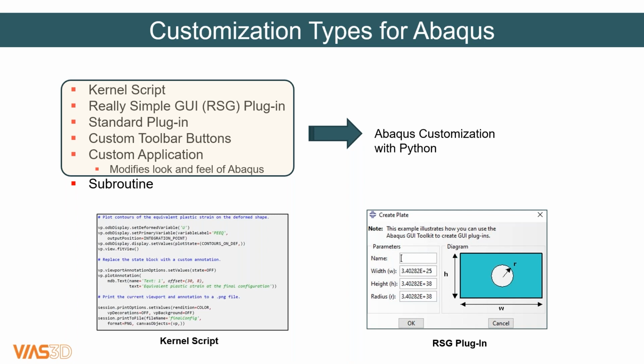But in other cases, I always like the idea of the plugin, these GUIs, because it creates an interface that's easy for the user to use, and portable in the sense that you could share it across your users by installing it in the Abaqus plugin directory, and then you don't have people modifying scripts.